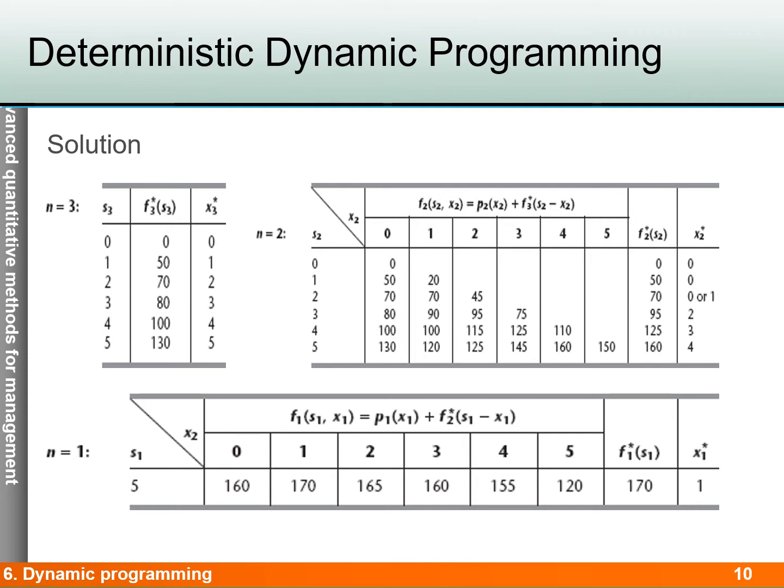So when it's for 4, it's equal to 0. So in this formula, the only item that says what is F star 3 of S3 is the measurement that we have in our table.